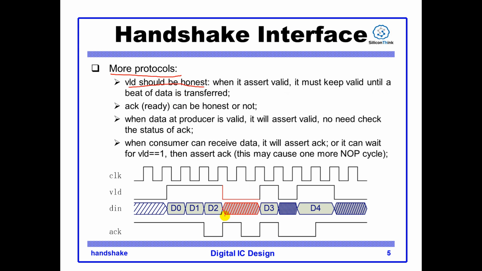For example, for this cycle, valid is asserted high and ACK is low, so data is not transferred, and valid goes low in the next cycle. This is not allowed, or you can say this waveform violates this protocol. The valid signal is not honest.